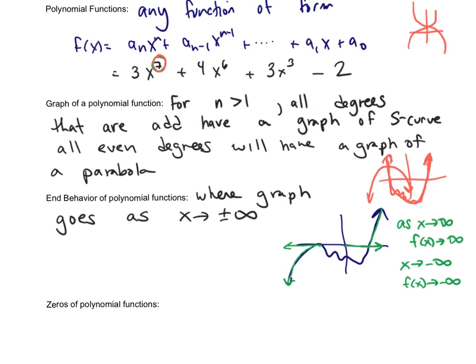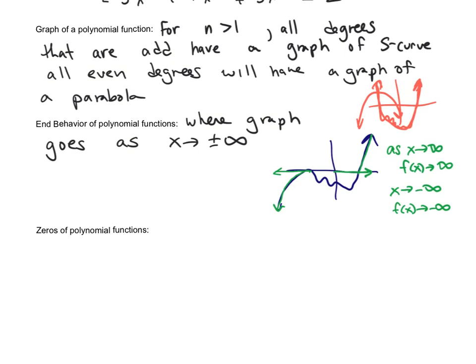Finally, the last thing I want to talk about with polynomial functions is a zero of a polynomial function. And again, just like the zero of any function, the zeros are going to be values, let's just call them r, because sometimes zeros are called roots, such that f of r equals 0.